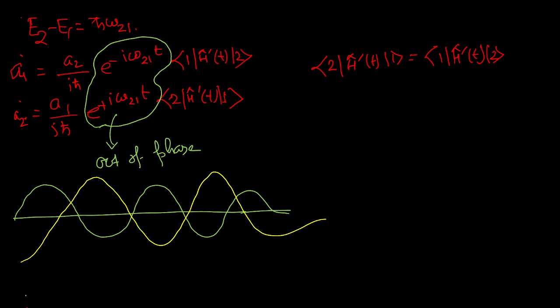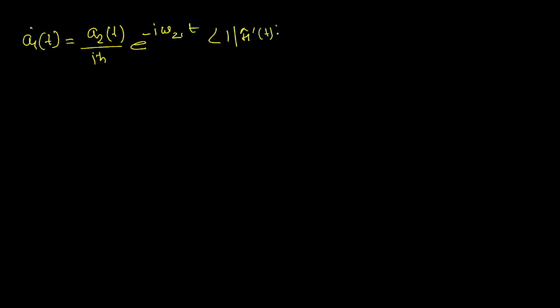Okay. Now to get rid of the coupled differential equation, you can write A1(t), let's say A2(t), with omega 21 t.